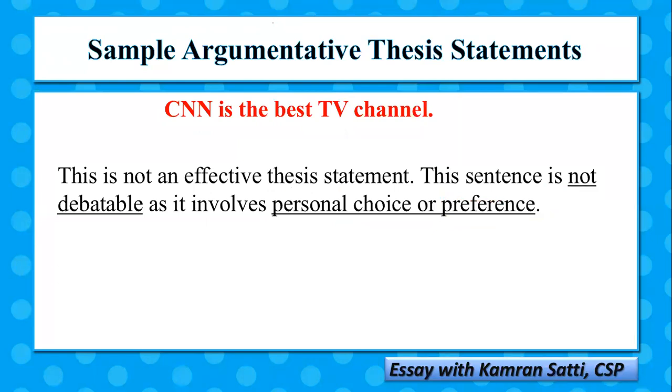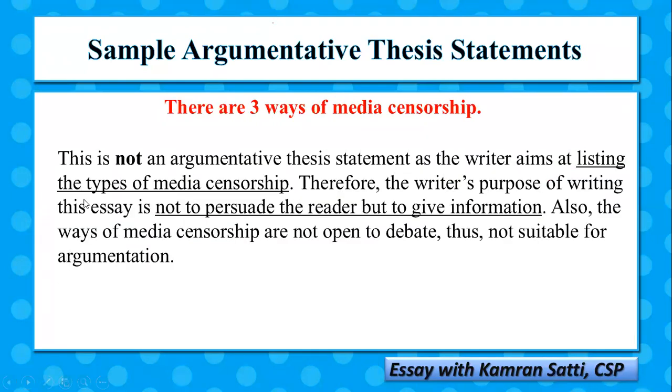Now moving on. There are three ways of media censorship. Now read this. This is not an argumentative thesis statement. This is a good thesis statement because the examiner knows after reading this that you are going to discuss three ways of media censorship, that is how we can censor the media.